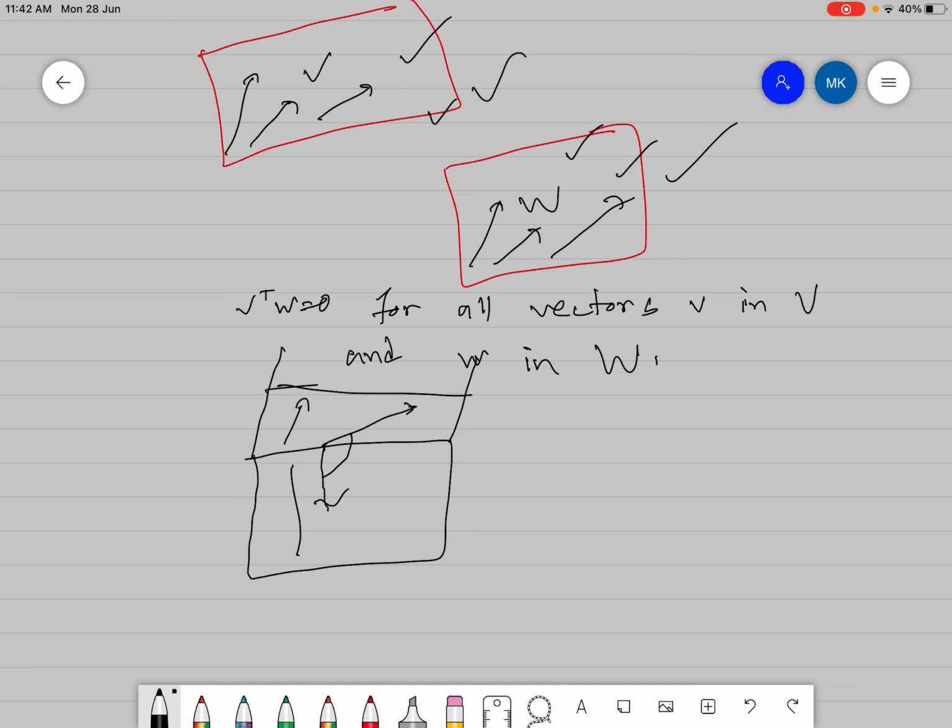So two walls meeting each other is not an orthogonal subspace.